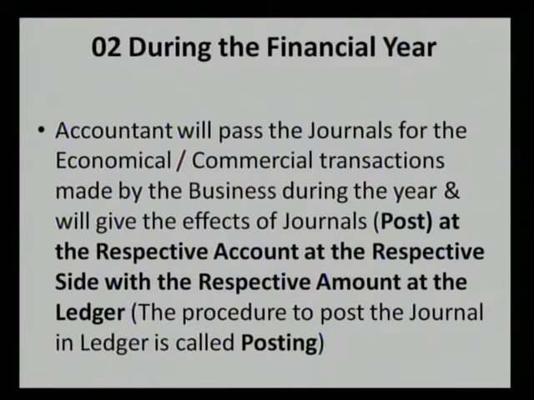The accountant has to post the effects of the journal entries made during the year. So it is called posting. The procedure to post the journals or the effects of the journal is called posting. Post at the respective account at the respective side with the respective amount at the ledger.